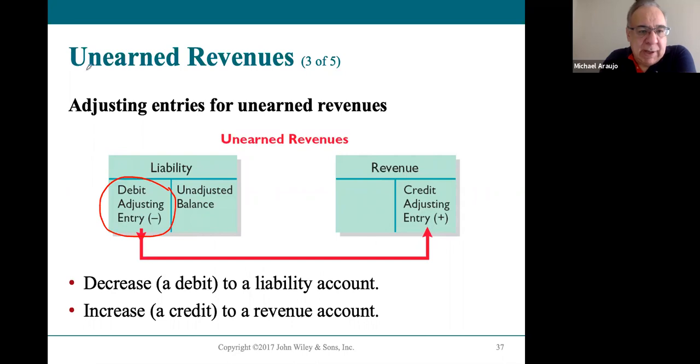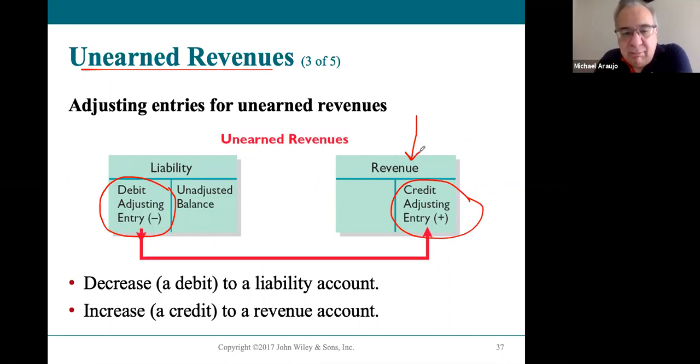The liability in this case is unearned revenue. Right. And we are going to credit the revenue account because by golly, now we've earned it. If we've earned it, it's revenue and it should be on the income statement. Okay. So it's a debit to the liability account, unearned revenue, and a credit to the service revenue or whatever revenue account the company has.